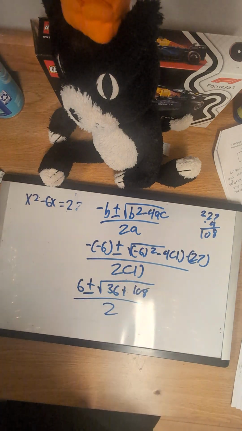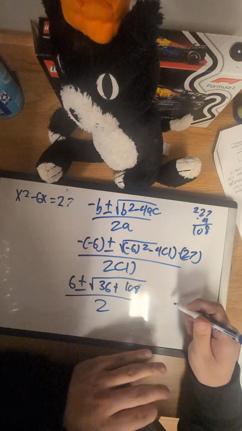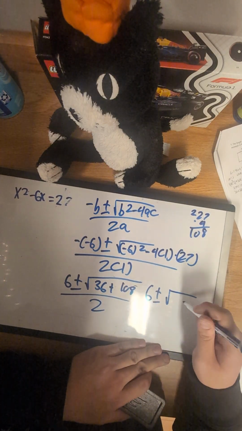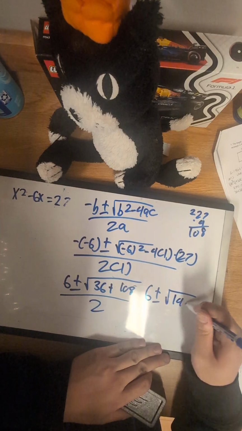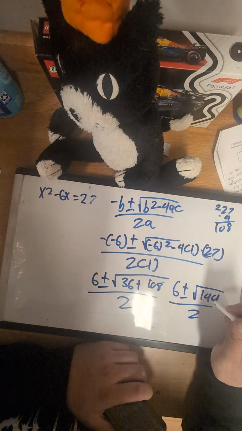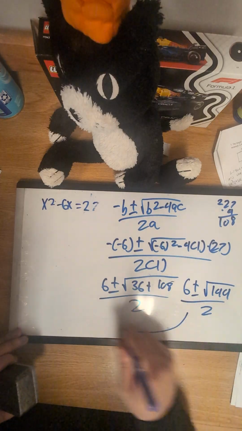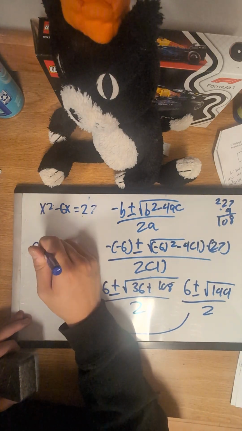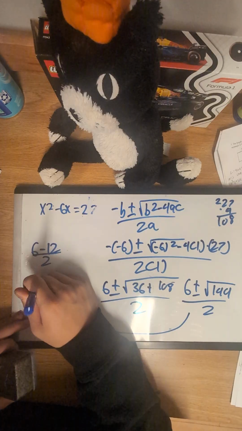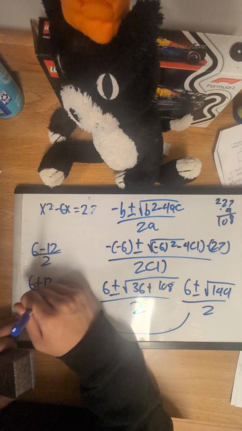So let's go ahead and do that then. And that gives us 6 plus or minus, remember, the square root of 144, over 2. That is 12. So this eventually will become 6 minus 12 over 2, or 6 plus 12 over 2.